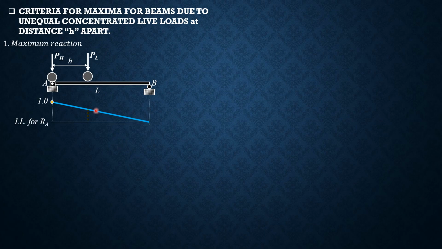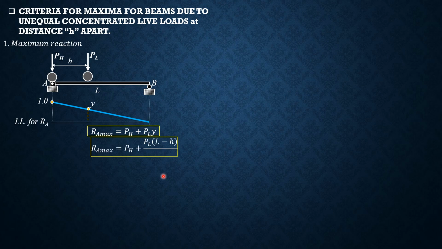I'll just apply the ordinates of the influence line. By similar triangles, y as to this L minus H equals 1 as to L. So y is L minus H over L. So Ra max is PH times 1 plus PL times y, and y is L minus H all over L. So Ra max is PH plus PL times (L minus H) over L. Do not memorize, just base it on the principle: position the loads, and from there you can compute Ra max in two ways.